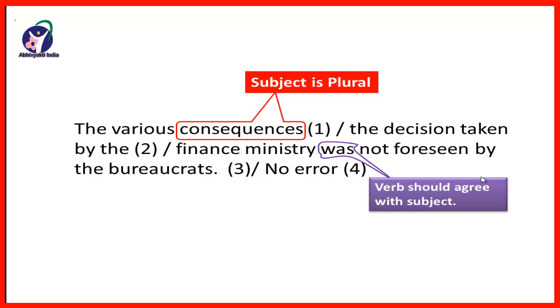Since the subject is plural, the verb should also be plural, and therefore was should be replaced by were. So various consequences were not foreseen, and therefore the correct sentence will be the various consequences the decision taken by the finance ministry were not foreseen by the bureaucrats.